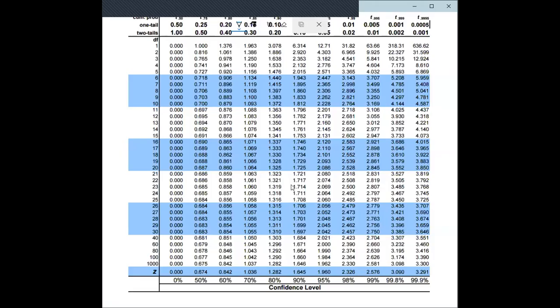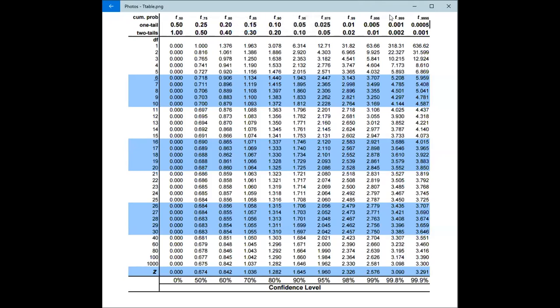So here we go. What we're looking for is the row with 7 over here. So I know that that's the row that I'm going to be looking at. And in this case, I'm performing a test that is one-tailed, right? Why one-tailed? Because I'm trying to just chop the top part of the distribution, right? That's because I'm trying to show that the mean is larger, not different, just larger than a given value.